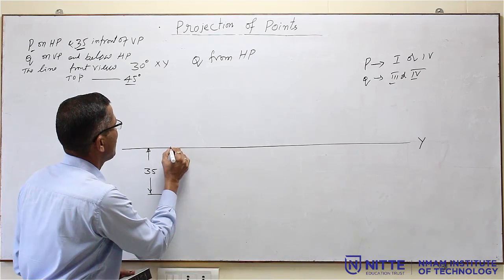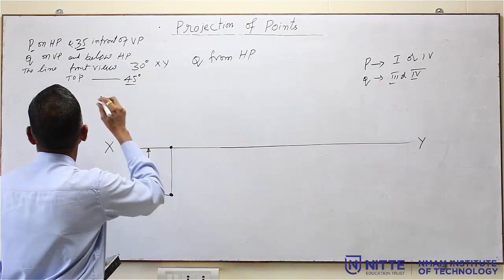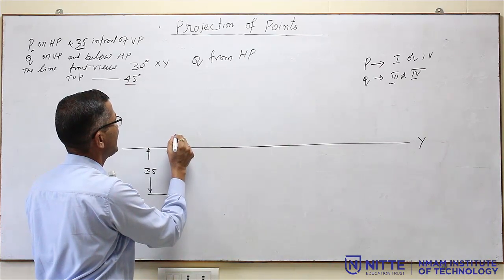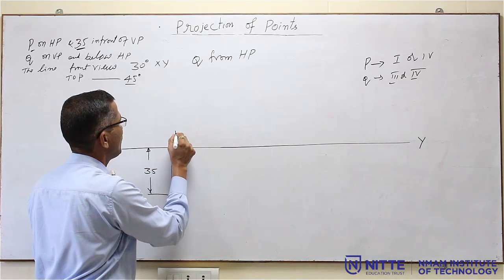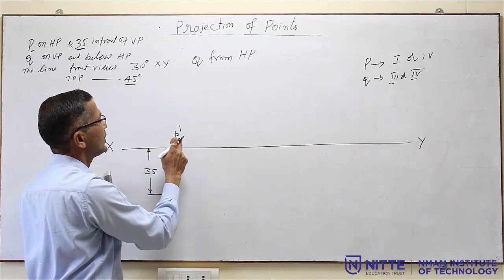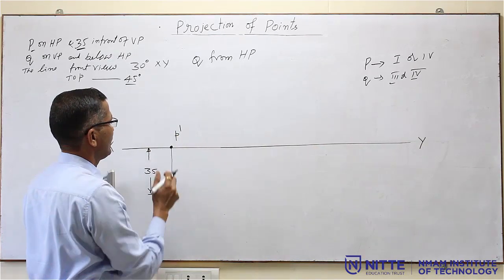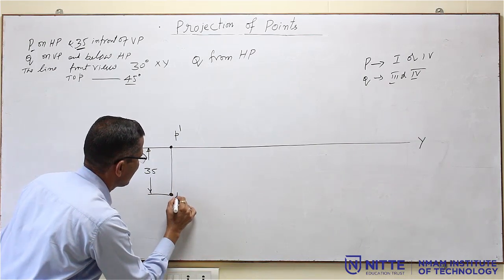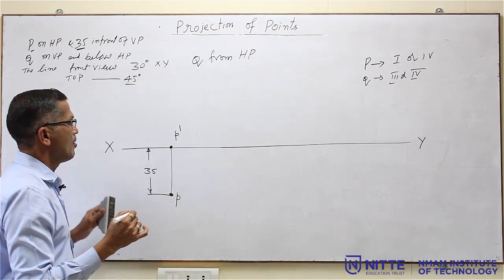And the other point will be directly on the xy line, because it is on Hp. Whenever the point is on Hp, its front view will be on xy line, that is p dash. This is not capital P, it is the lowercase p. Similarly, the top view is here, this is P.